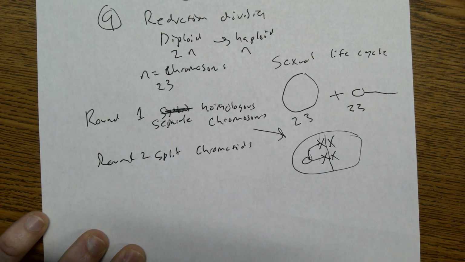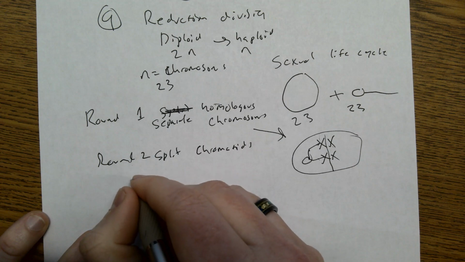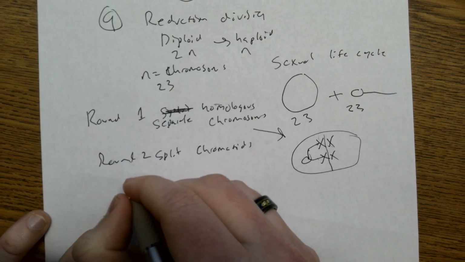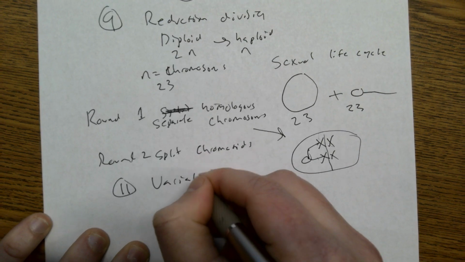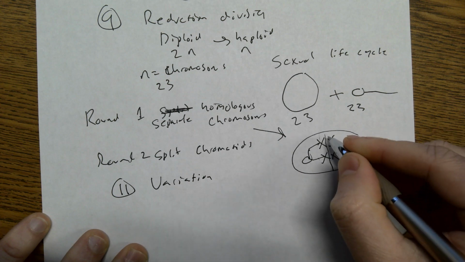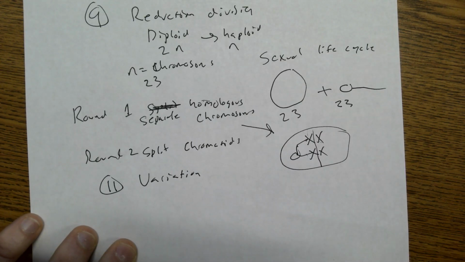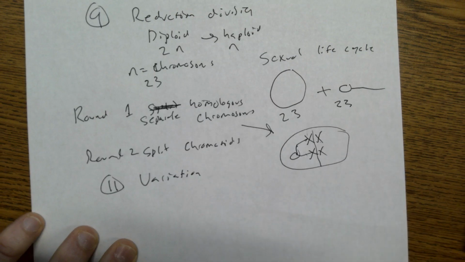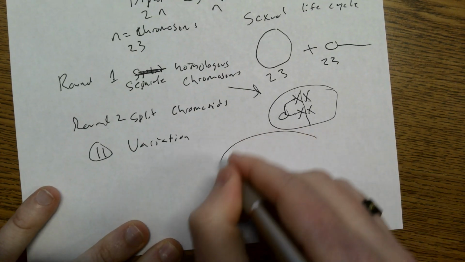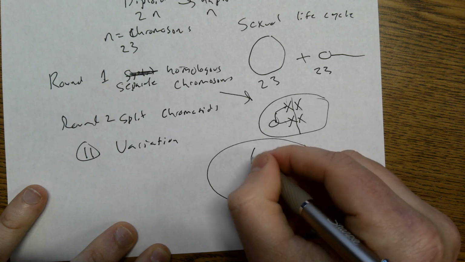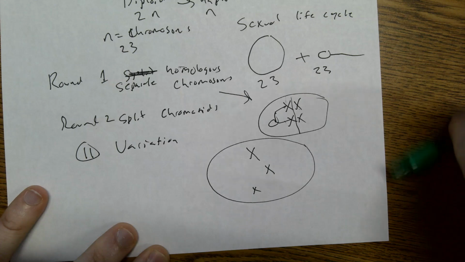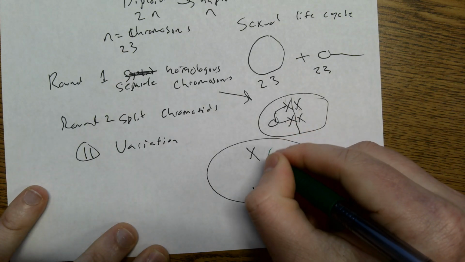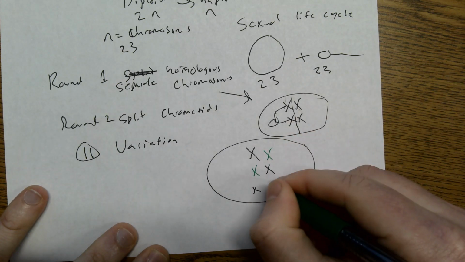And I'm going to skip to standard 11. We'll come back to, well, yeah, we're going to skip to 11 because it's variation. How is it creating variation? Well, one of the ways is right here. If you have these lining up in the middle, and I'm going to redraw it in color. If you have like this, this, and this, where each one represents a different source of a chromosome.